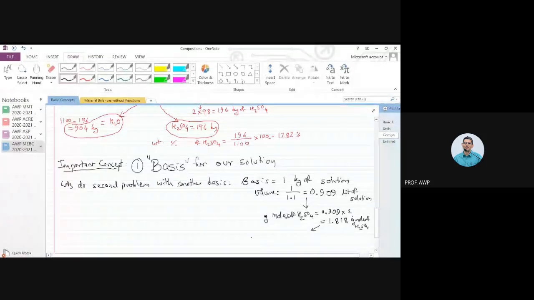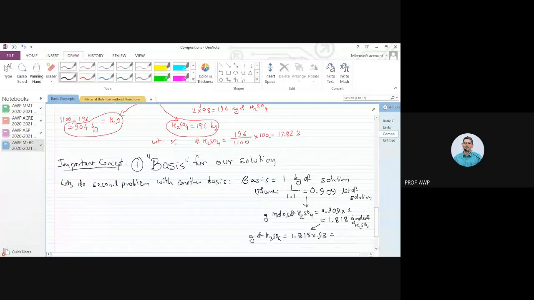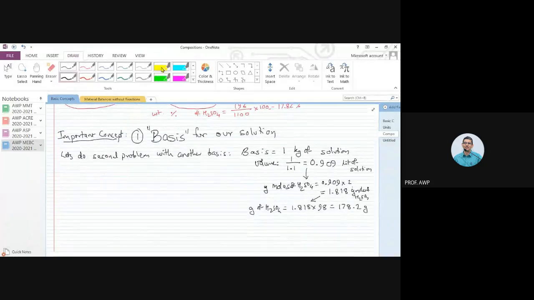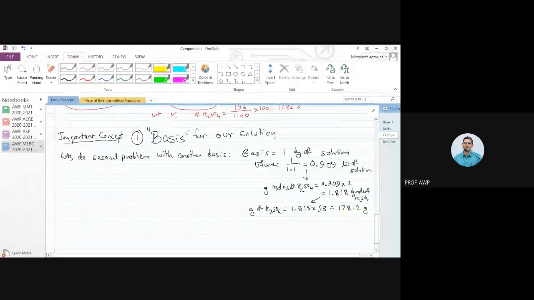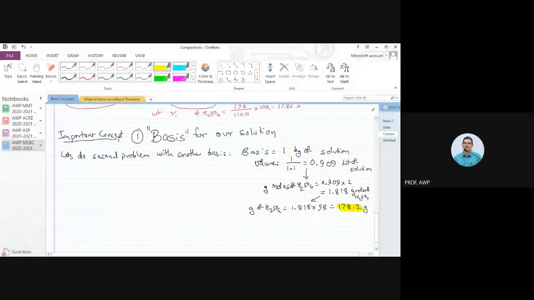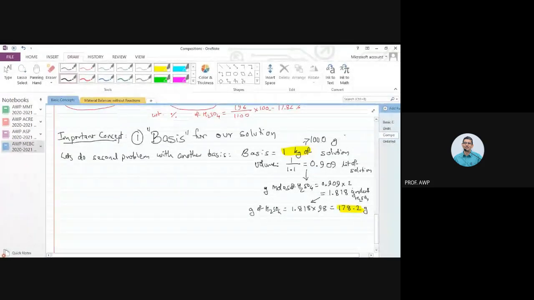What would be the mass? What would be the weight, grams of H2SO4? That would be 1.818 into 98. This would be 178.18, 178.2 grams. 178.2 grams are there in how much mass of the mixture? 1 kilogram of the solution, which is same as 1000 grams of solution.